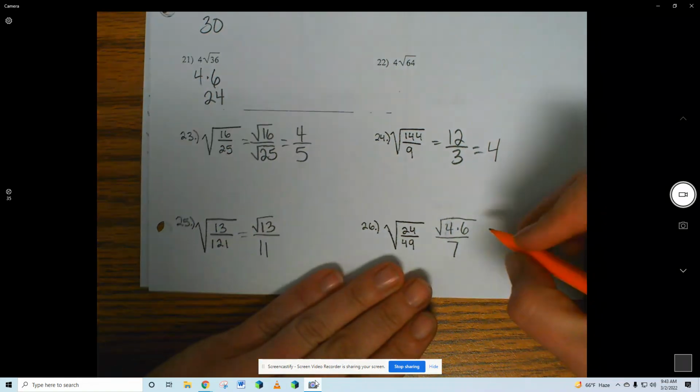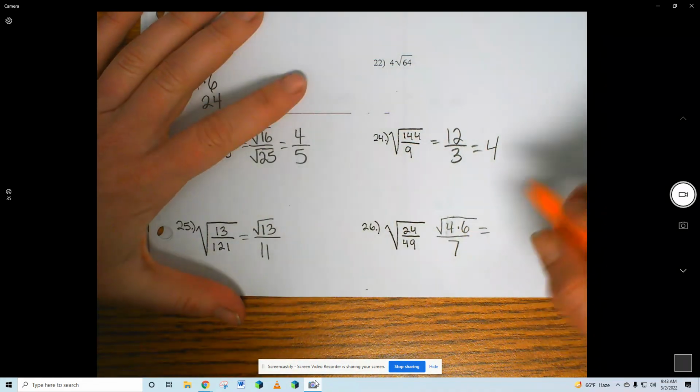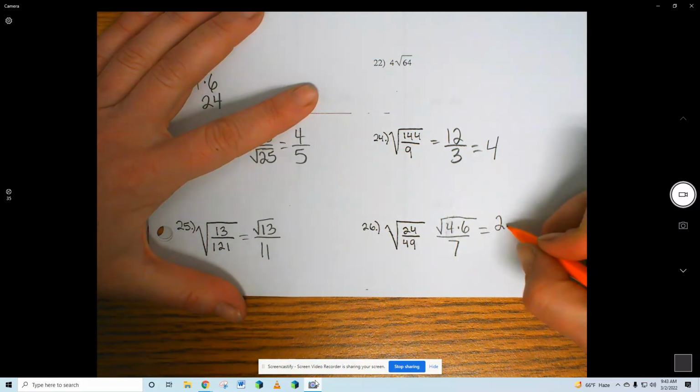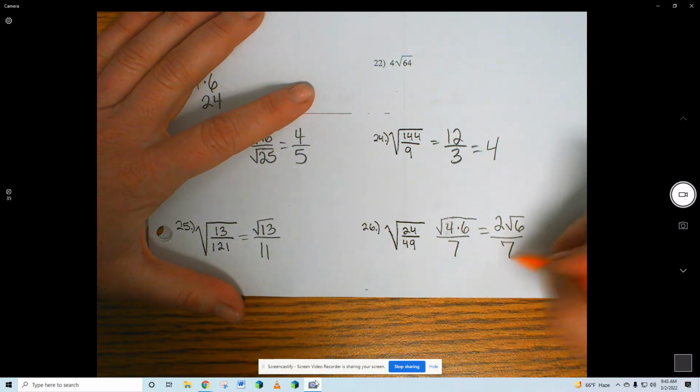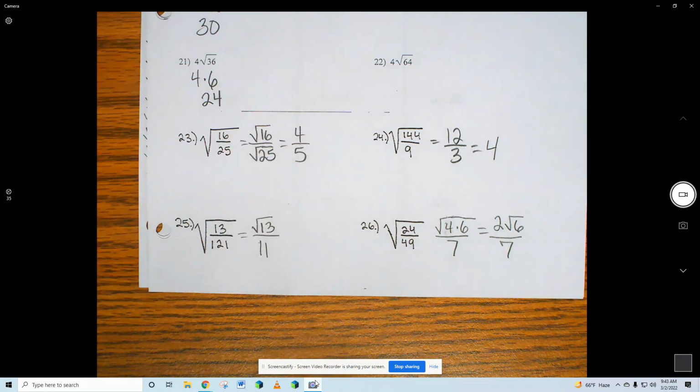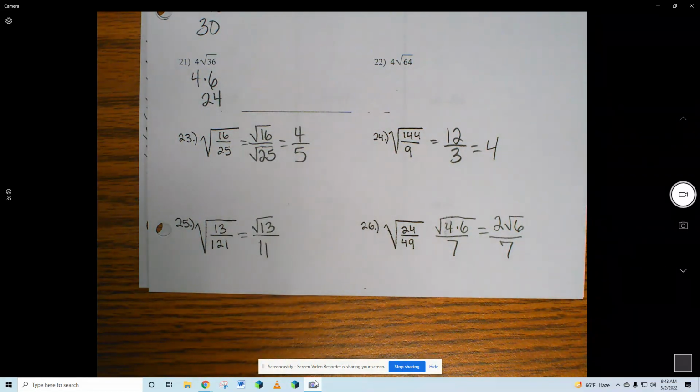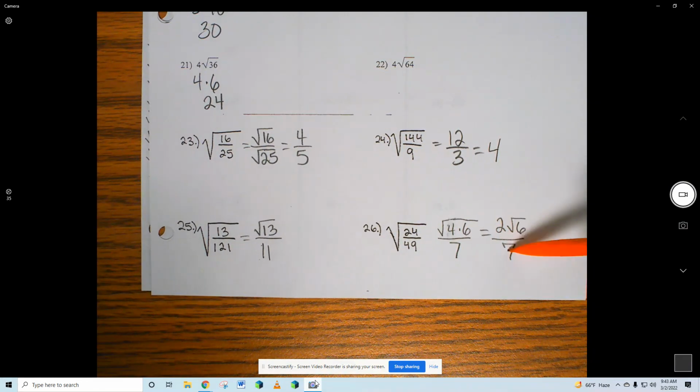So that's going to be 2 comes out. The rad 6 is still there. 7 stays in the denominator. If I could have reduced 2 over 7, I would have, but I can't. But sometimes you can reduce like that.